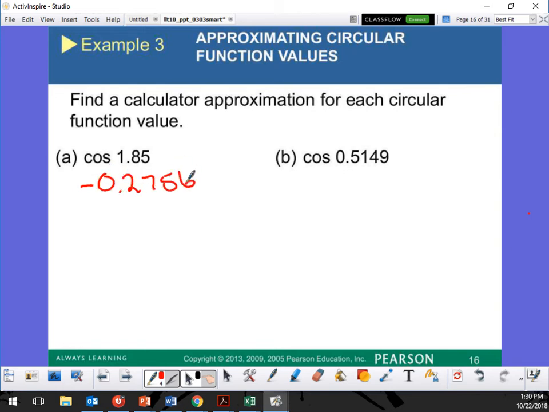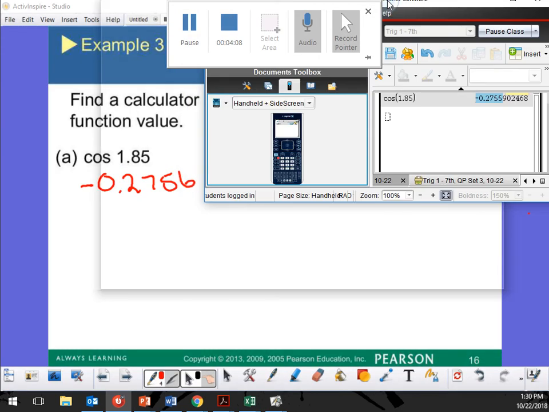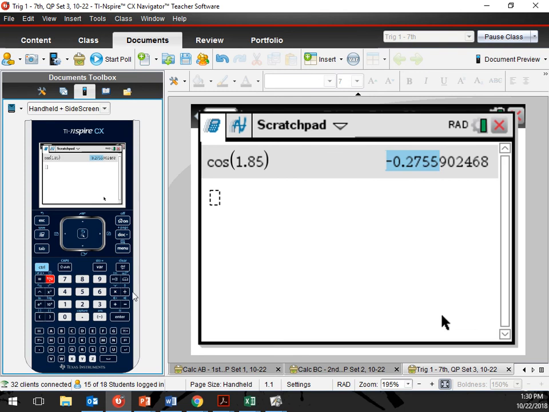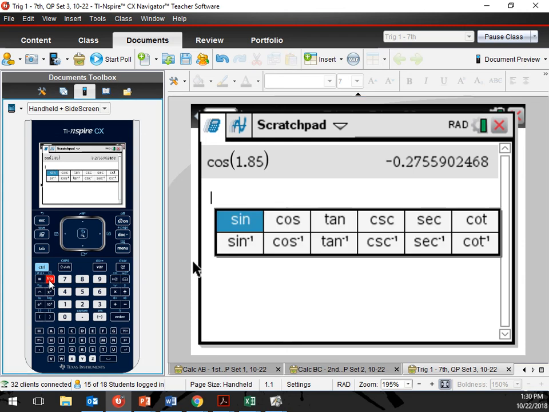There you go. All right, let's do it again. Next one, cosine 0.5149. It's not liking me right now. There we go.